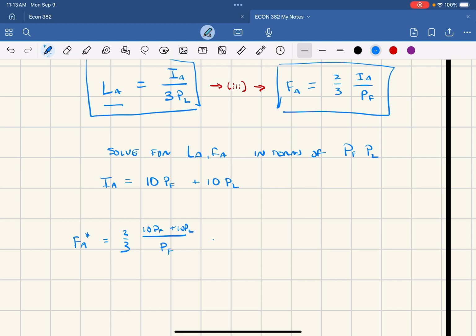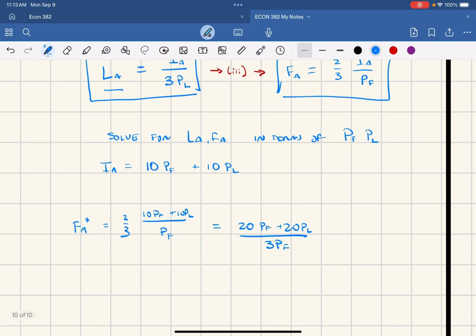And I can carry those through. So this will be 20 PF plus 20 PL divided by 3 PF. And so that's the optimal amount for Adam.